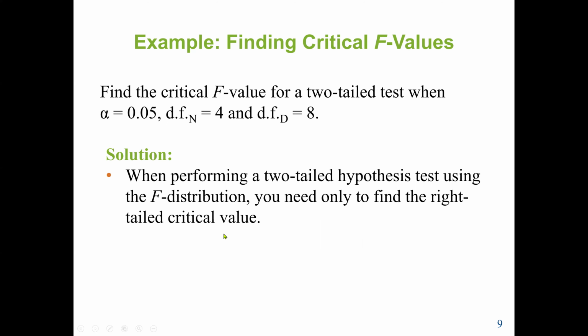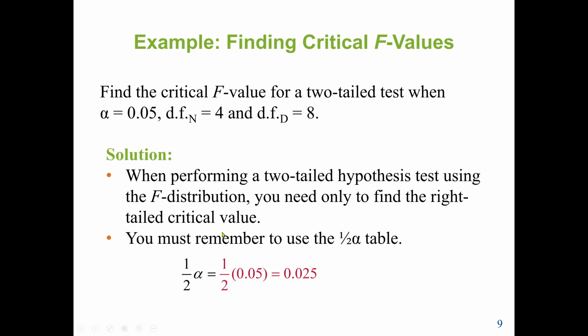But as we said earlier, we still divide the alpha by 2 because we are doing two-tail. So our alpha value will be 0.025. I think that's the most important part. For two-tail, whatever alpha value we have, we divide it by 2.